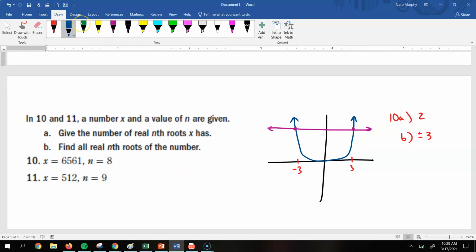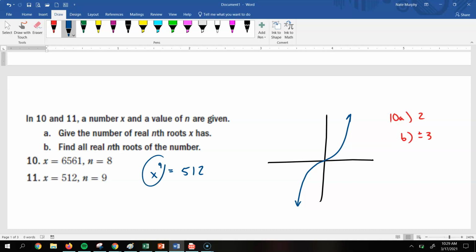In number 11, I'm going to look at this as x to the 9th power equals 512. If I were to graph just x to the 9th power, I would get this kind of twisted line, this little zigzag line here. That would be the graph of the function, x to the 9th power.